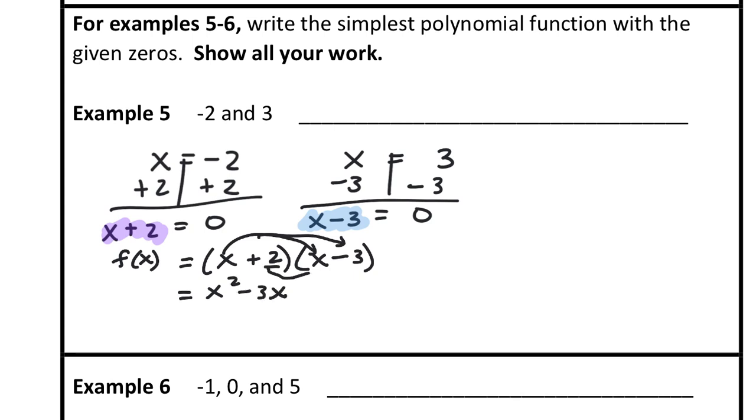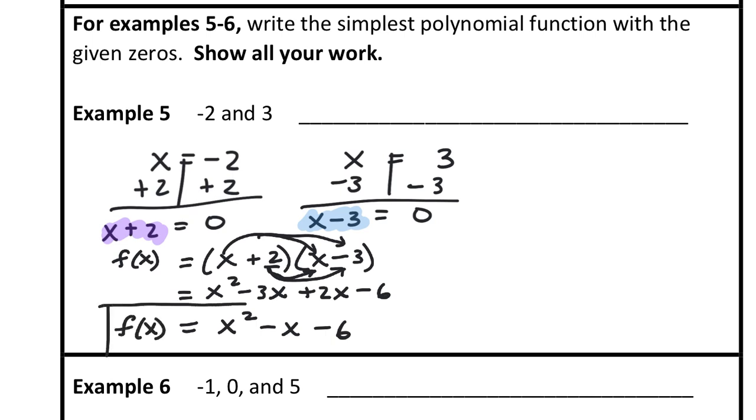Then 2 times x and 2 times negative 3, that's positive 2x minus 6. It's going to equal x squared minus x minus 6. Or I can write it up here. Final answer, x squared minus x minus 6.